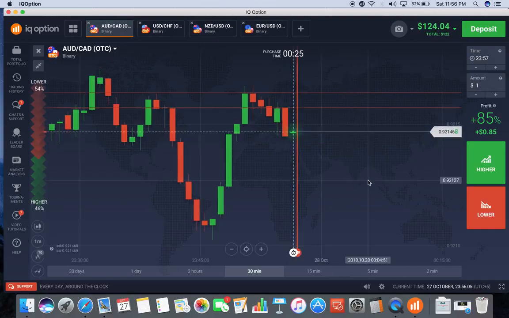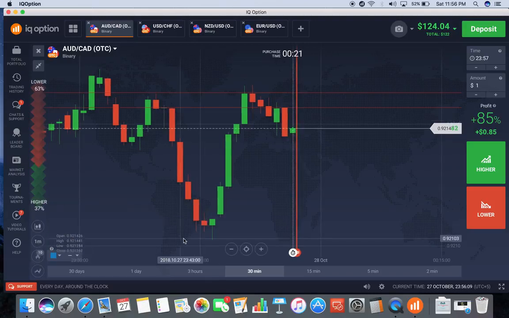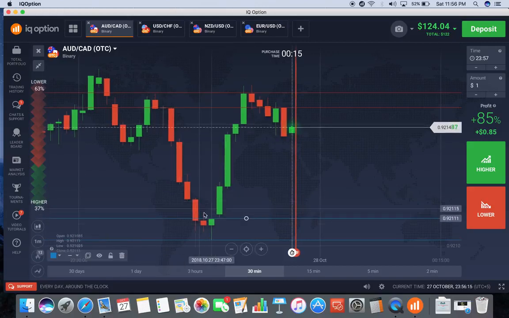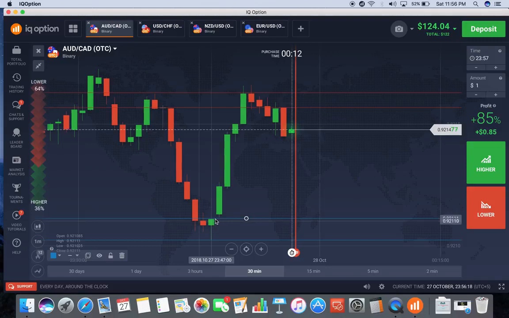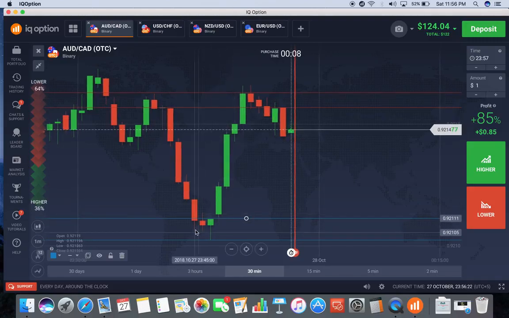Right now, the next demand zone is over here, and this is also a 4 out of 4 demand zone. Check it out. It's fresh because there is no price action on the left. First, the price moved away from this zone in a very strong fashion. Second, the price spent very little time in this zone.